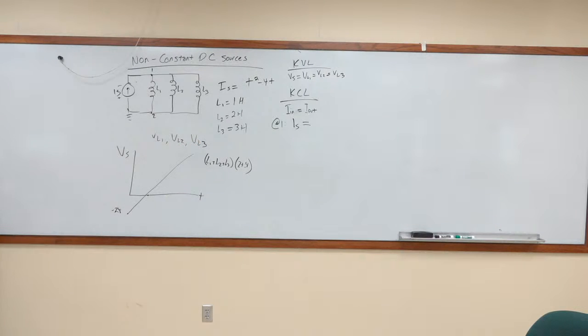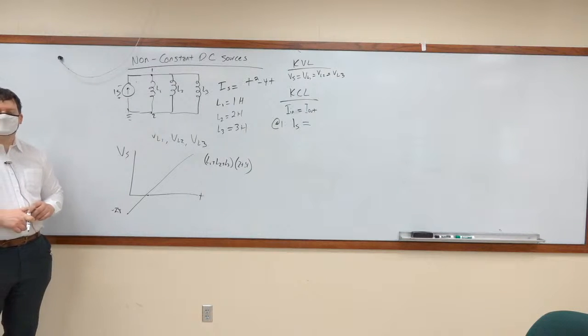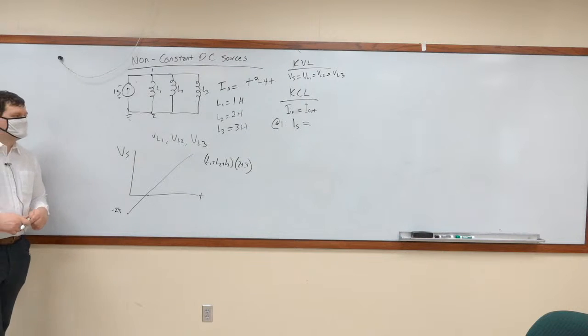What is the current flowing out of node 1? You're trying to come up with a formula, aren't you? I gave you a challenge. The formula all boils down to 2t minus 4, smarty pants.